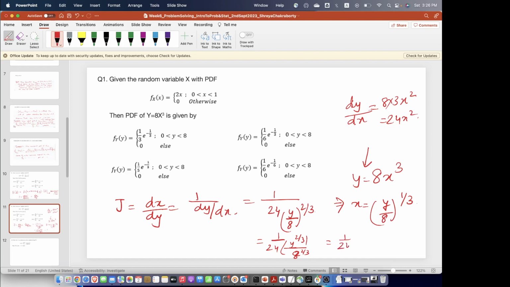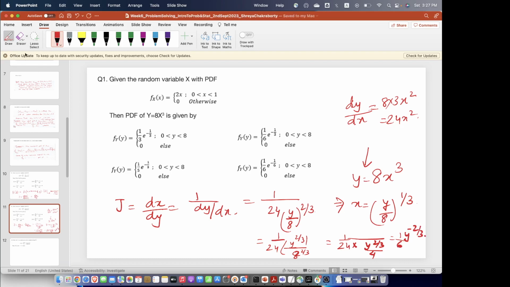So we'll have 1 by 24 into y to the power 2 by 3 by 4. So we'll have 1 by 6, or we can write it as 1 by 6 y to the power minus 2 by 3.